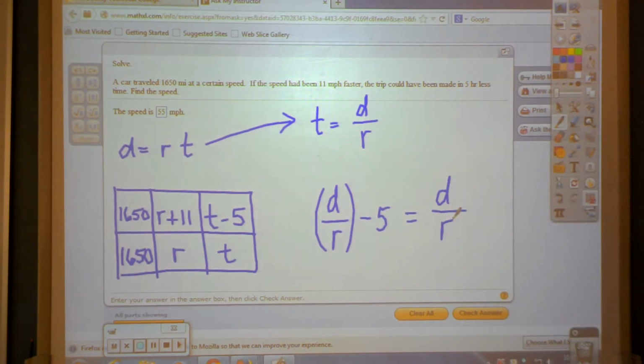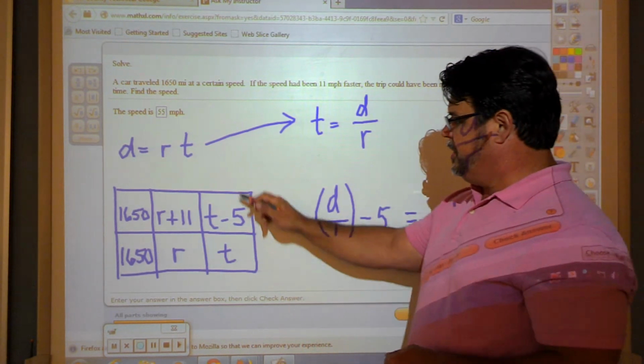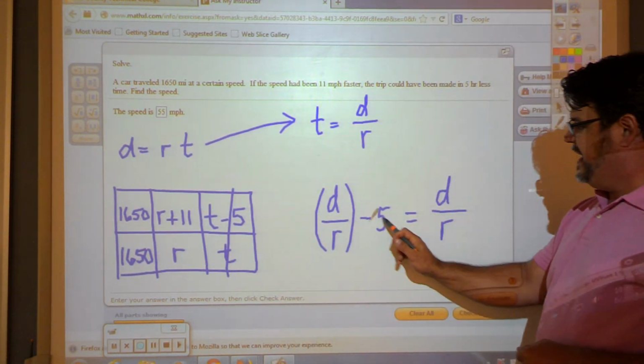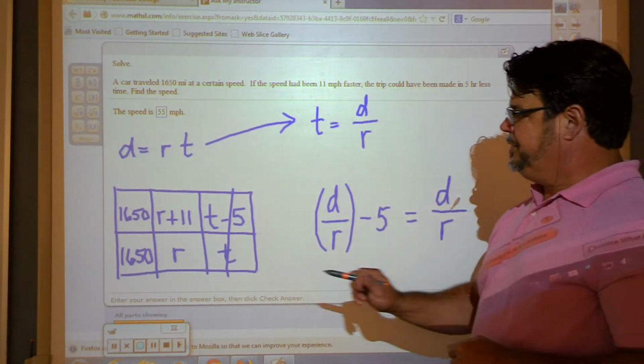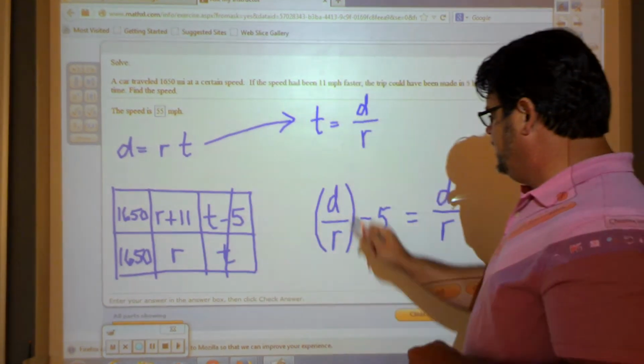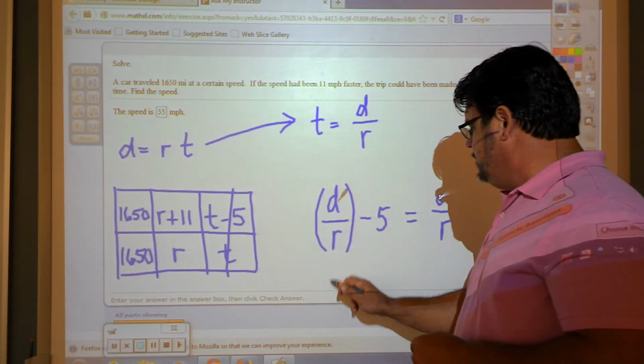And now I just plug in my values. You don't plug in the T's because this is T minus 5 equals T. And now I just plug in 1650, here and here.